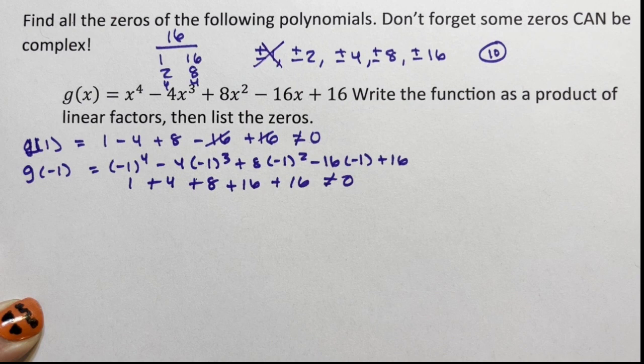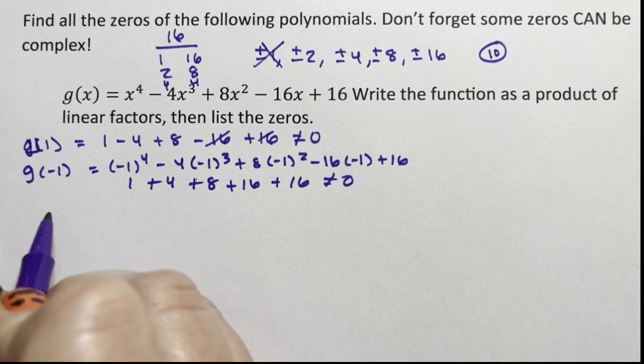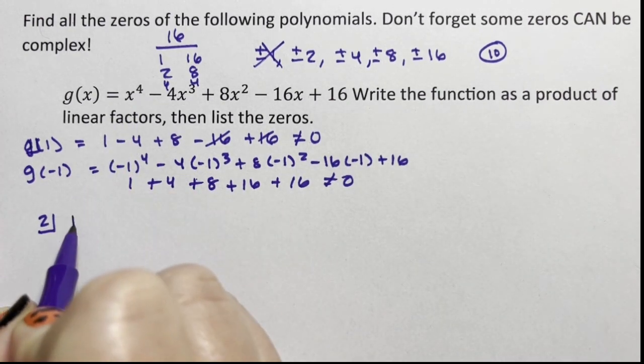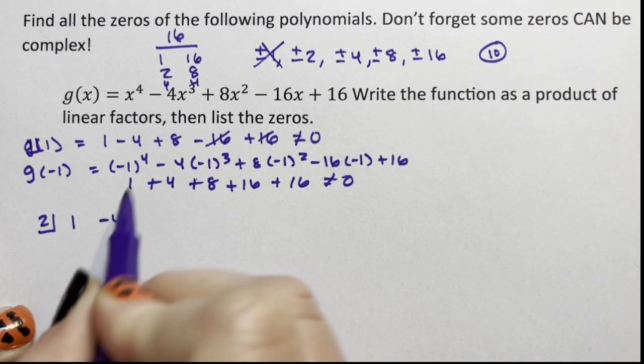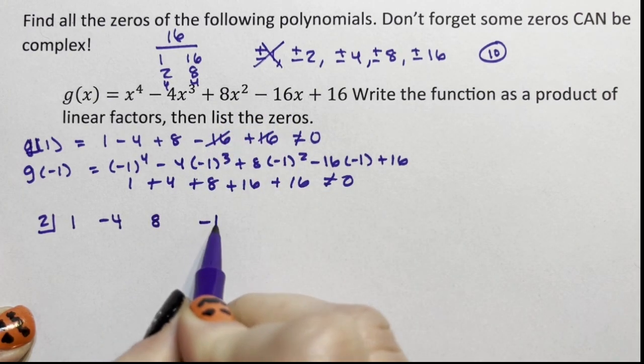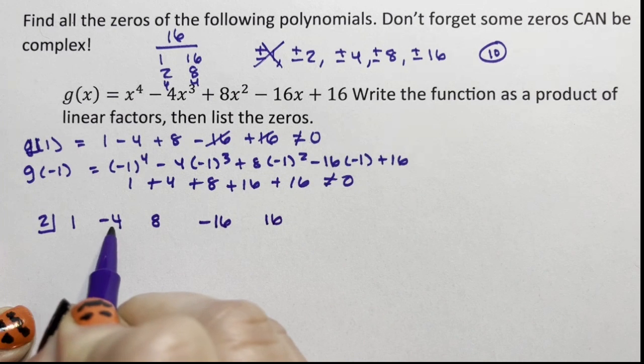2, I'm not going to do with mental math. 2 is getting outside of the quick mental math. So 2 is where I'm going to start my synthetic division because 1s did not work. So my coefficients are 1x to the 4th, negative 4x cubed, 8x squared, negative 16x, and 16: 4, 3, 2, 1, 0.